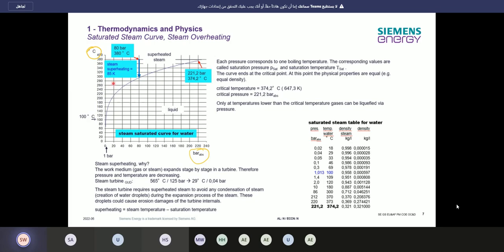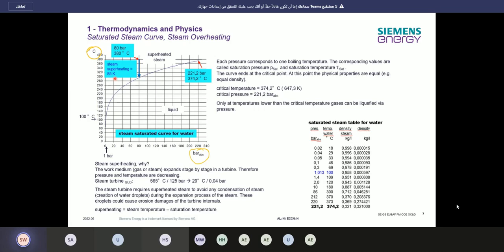We make this to make an easy difference between directly measured and calculated values, because when you would have here steam superheating 85 degrees Celsius, then it would probably bring problems again, because you don't know, is this now a calculated one or is this a directly measured one? 85 degrees superheating, this is too much, too less or whatever, so that's why we have here the difference in Kelvin.